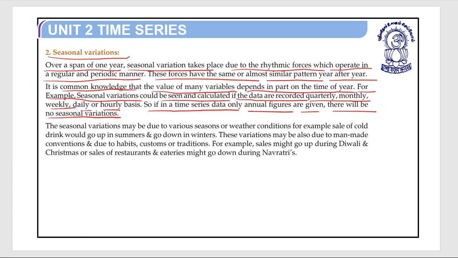How does seasonal variation take place? The seasonal variation may be due to various seasons or weather conditions. For example, sale of cold drinks would go up in summers and go down in winters. This variation may also be due to man-made conventions and due to habits, customs or traditions.